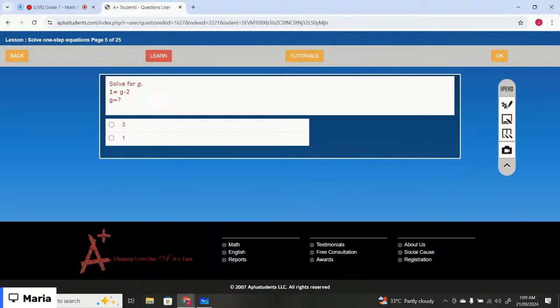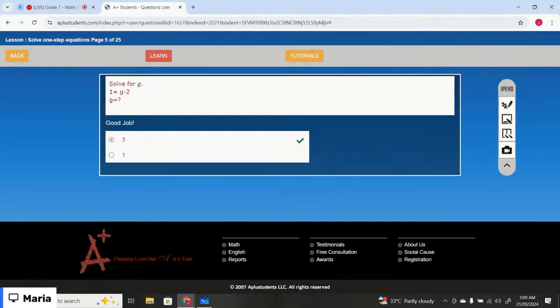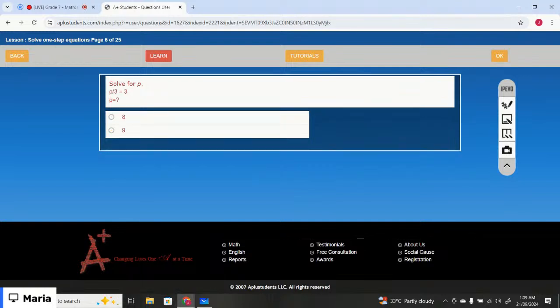The next one is solve for g. 1 equals g minus 2. So which is the correct option? That is g equals 3. Option number 1 is the correct option. Next is solve for p. p divided by 3 equals 3.